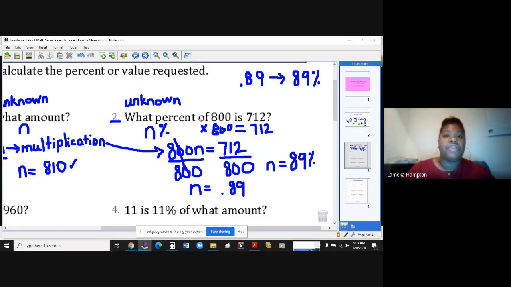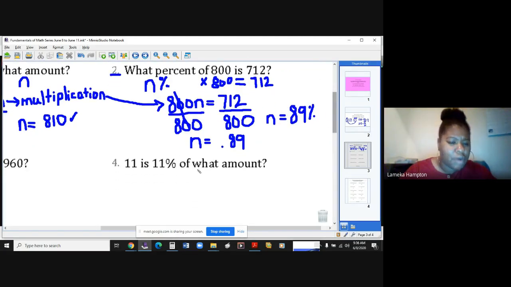So it's very important that you follow through with this extra step of converting your decimal to a percent. Otherwise, if you mark 0.89 as your answer, then that will definitely be incorrect. So again, you have to make sure that you are reading the questions properly and being mindful of what they are asking you to do. That's very, very important.